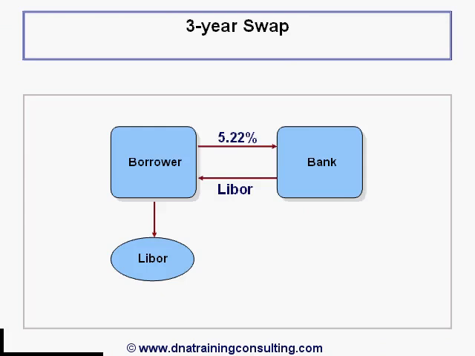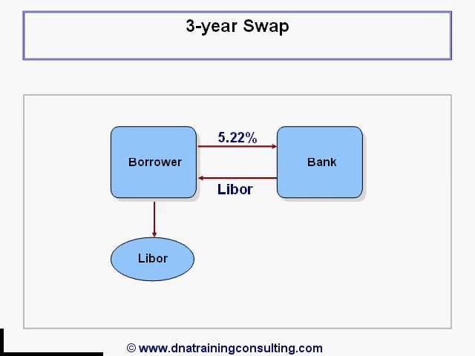In effect, the cash flows of LIBOR under the loan offset the cash flows of LIBOR under the swap on each and every settlement date, leaving the company paying the fixed rate of 5.22% on a quarterly basis. The swap has enabled the company to synthetically create fixed rate debt in lieu of the floating rate debt it started with.